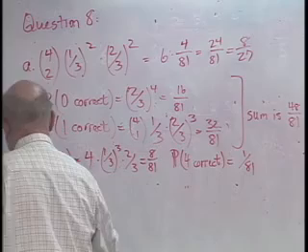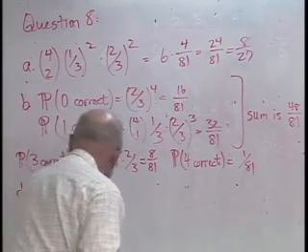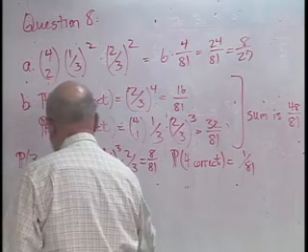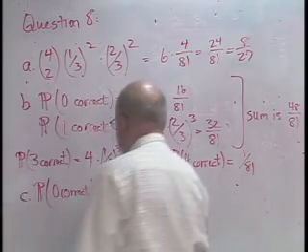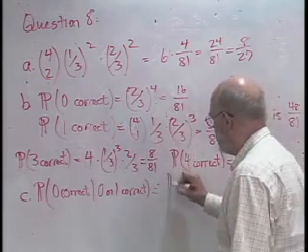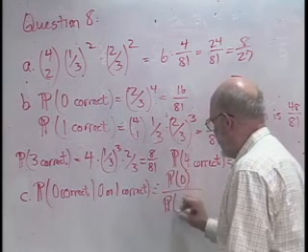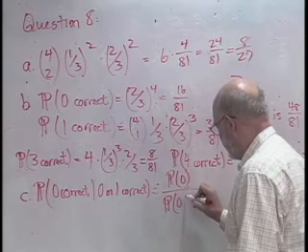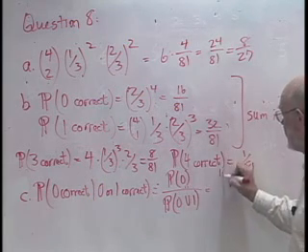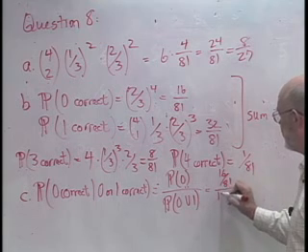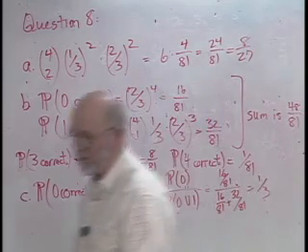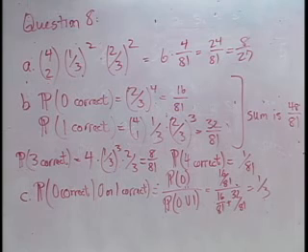The answer is part C. The conditional probability of 0 correct given 0 or 1 correct is equal to the probability of 0 divided by the probability of 0 union 1, if you don't mind my notation, and that's 16 81st over 16 81st plus 32 81st, which is 1/3. Questions about this? Hi, Chris.